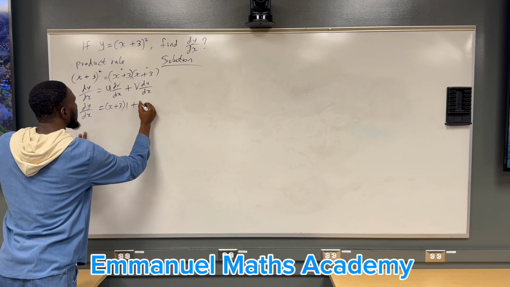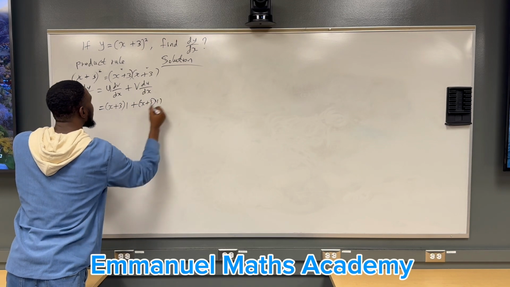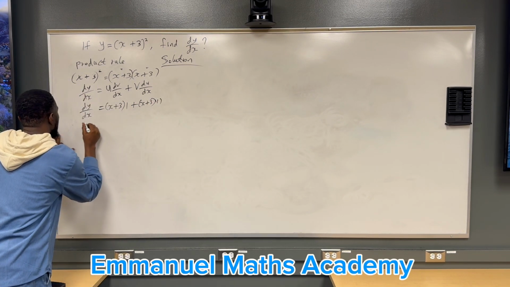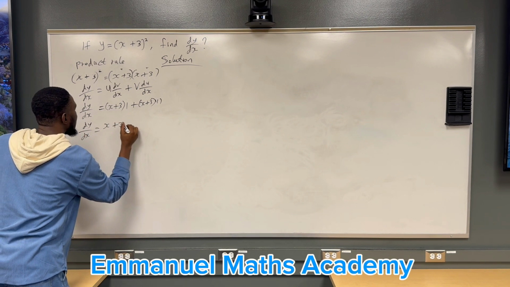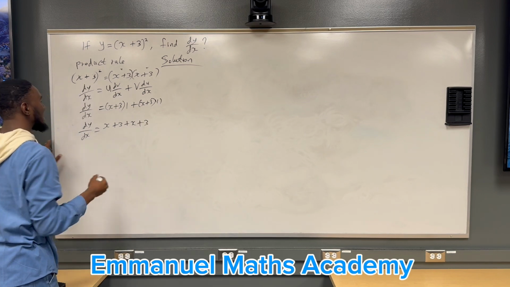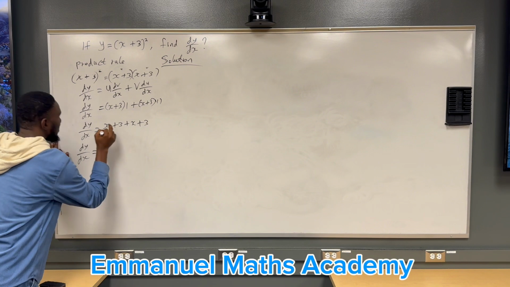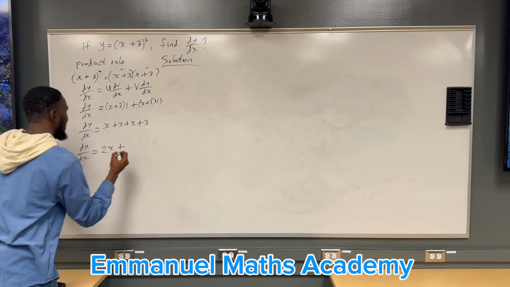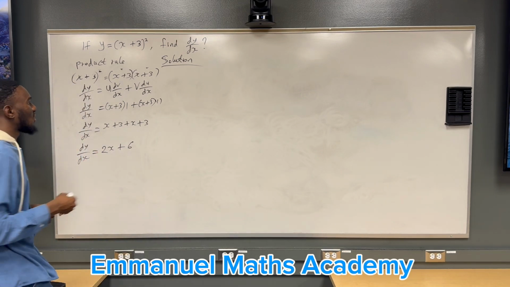Plus, keep v, x plus 3, differentiate this with respect to x, also 1. So dy/dx equals (x plus 3) plus (x plus 3), which is equal to 2x plus 3 times plus 3 will give you 6. As simple as that. So this is the product rule.